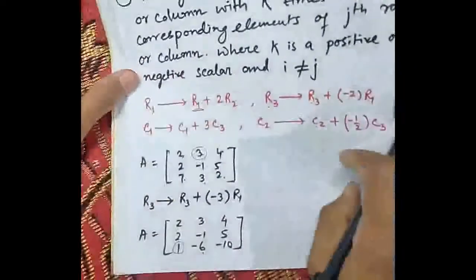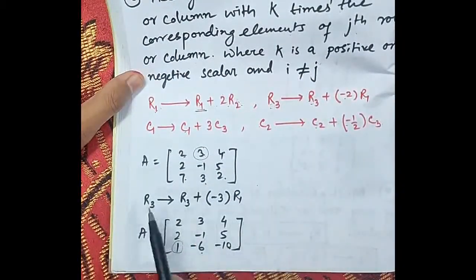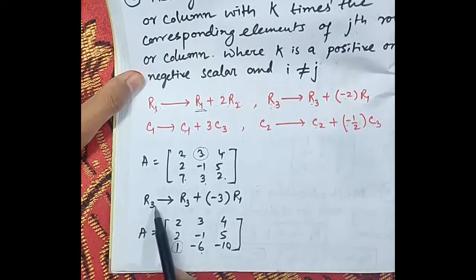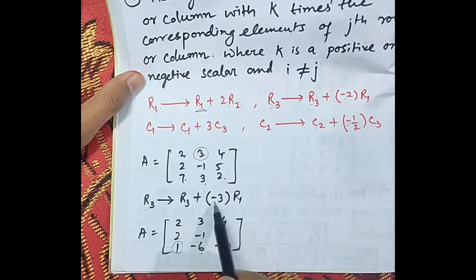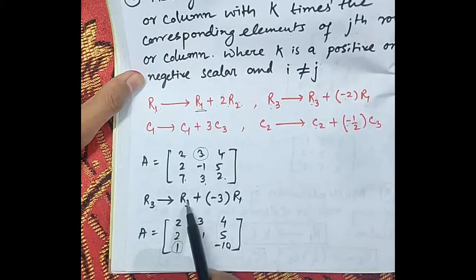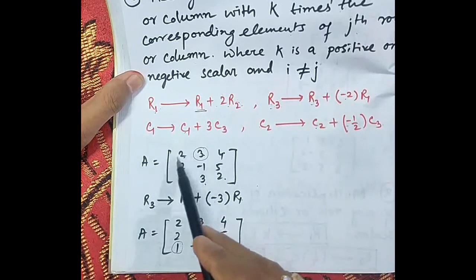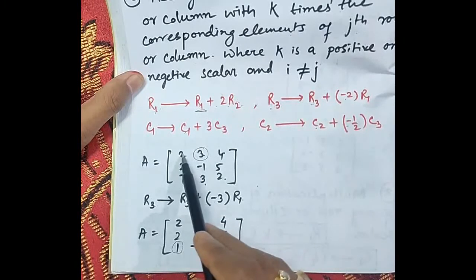From this example it will be clear. This A matrix is given. Here we want to change R3. How are we changing R3? We are multiplying minus 3 with R1, then adding with the corresponding elements of R3. So if you multiply minus 3 with R1, this will become minus 3 into 2, minus 6.